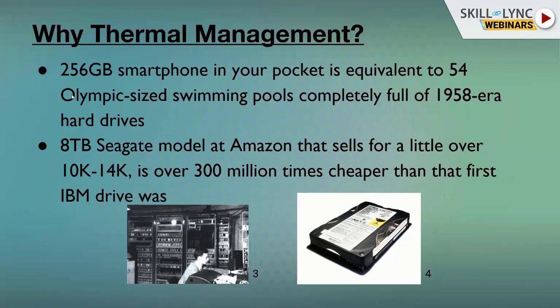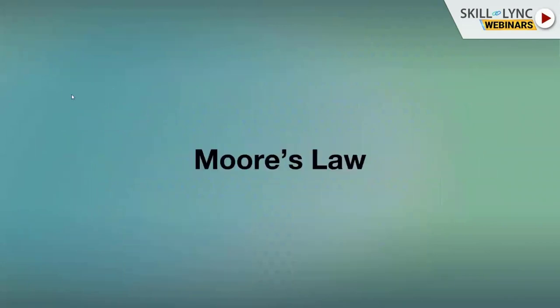So, with time and advancement of technology, electronics are getting compact and cheaper. It is becoming a necessity of life. With this advancement, there is a need for thermal management, and it will be clearer when we see Moore's law.